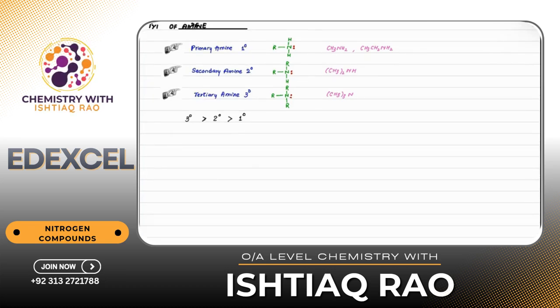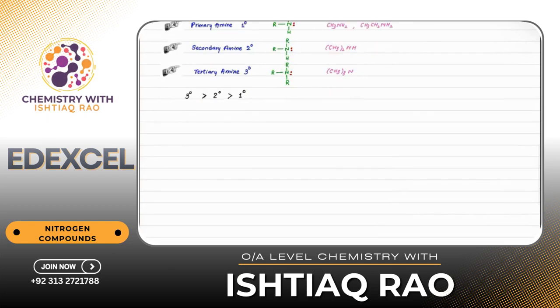Simple. You know why? Let me explain with one molecule to make it easier. Let's say this is nitrogen having a lone pair of electrons. This is going to be CH3, this is going to be CH3, and this is going to be CH3.